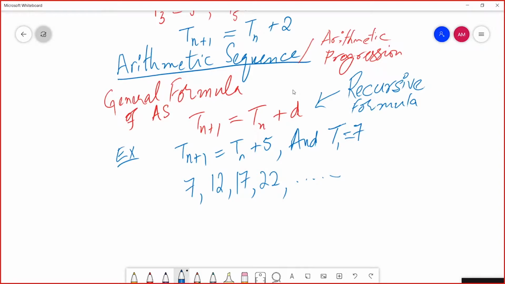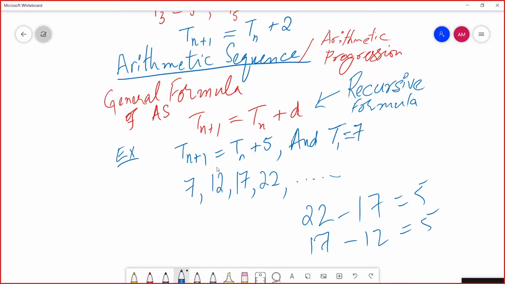Then there is something very interesting. What is D actually here? D is 5. The constant. Normally D is the difference between two consecutive terms. For example, 22 minus 17 is 5, and 17 minus 12 is 5.